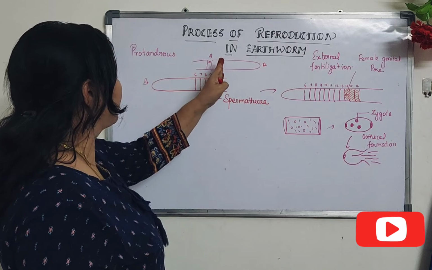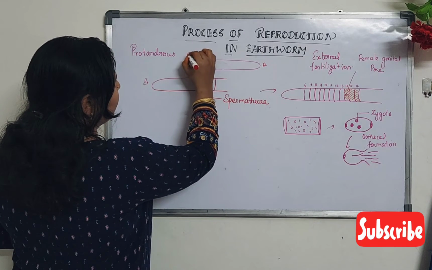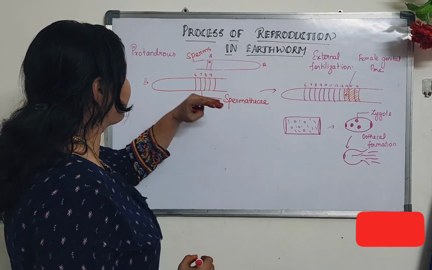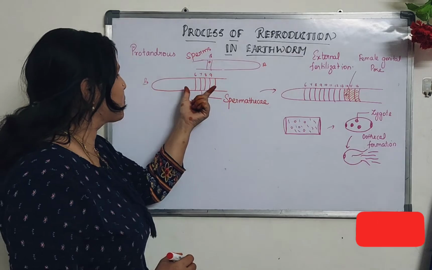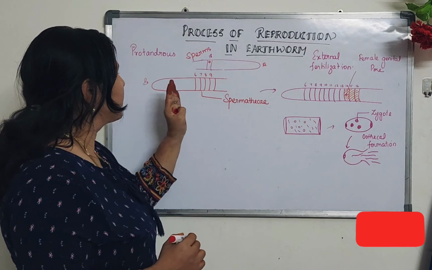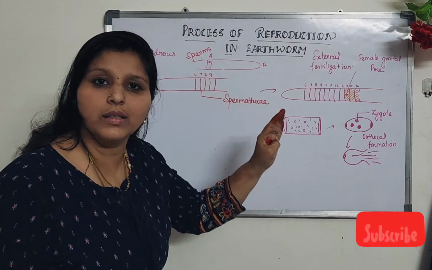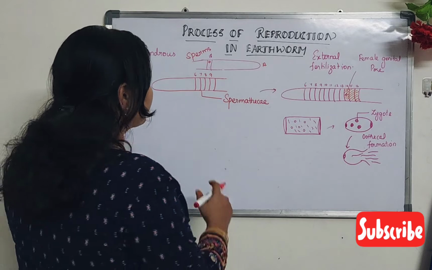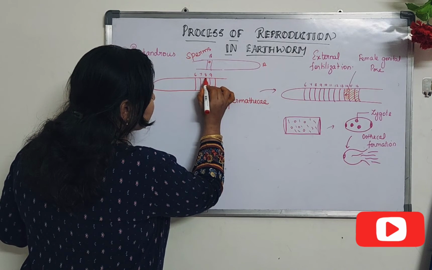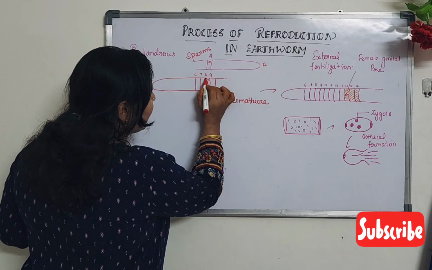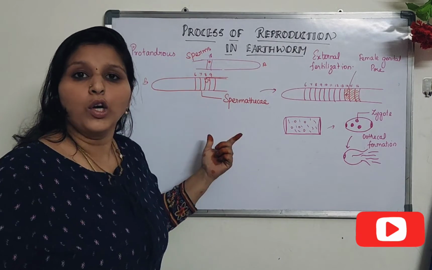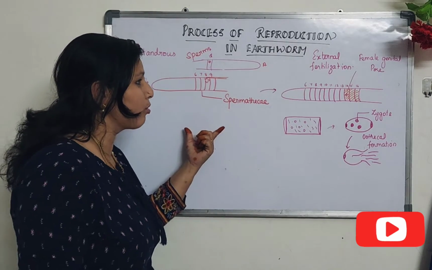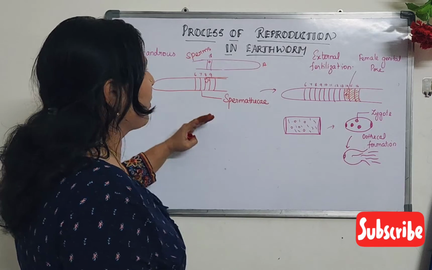These sperms enter inside the other earthworm with the help of the spermathecal pore, as you will remember from our discussion of the female reproductive part of the earthworm. So this is how the copulation occurs.